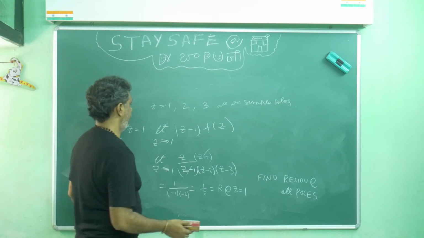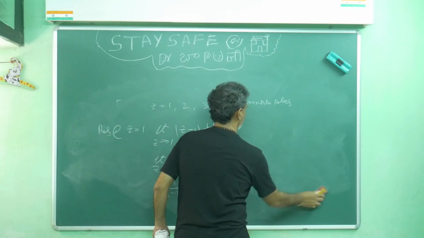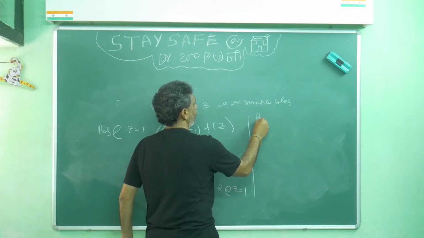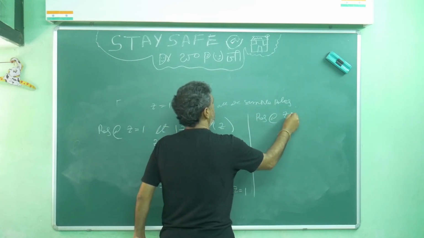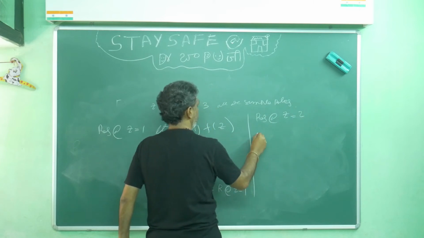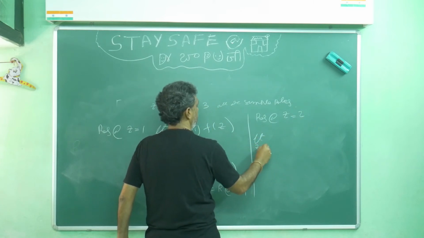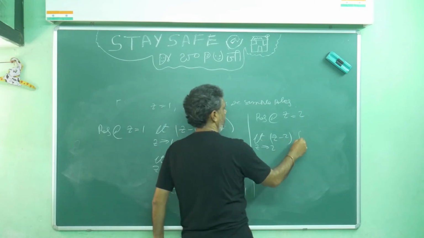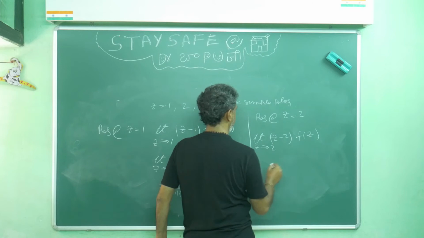Now we can find the residue at z is equal to 2. Now it will become limit z tends to 2, (z minus 2) f of z. Who is my f of z?